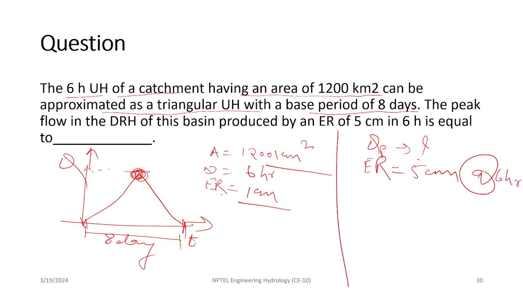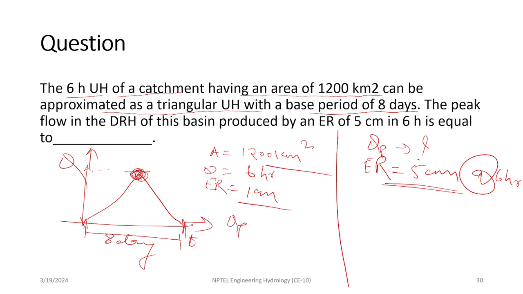So firstly try to compute QP for this case, and then at the last we will multiply it by 5 centimeter, like in the previous question where we already did this task.